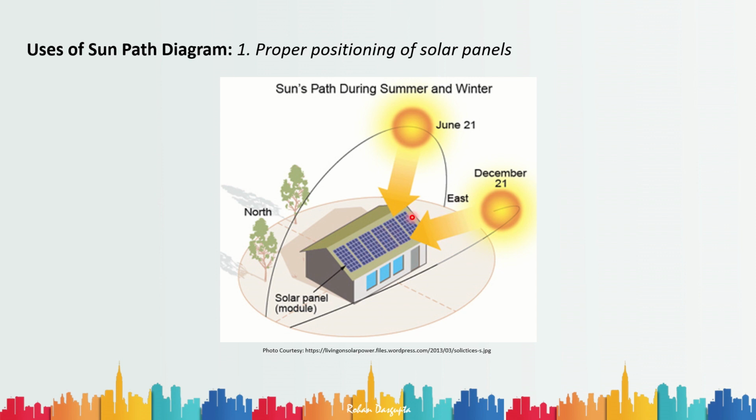Now this answers the question that I asked in the first slide, and this is how it helps. If you know the position of the sun path, you get to have an informed decision about how and where to place the solar panels.